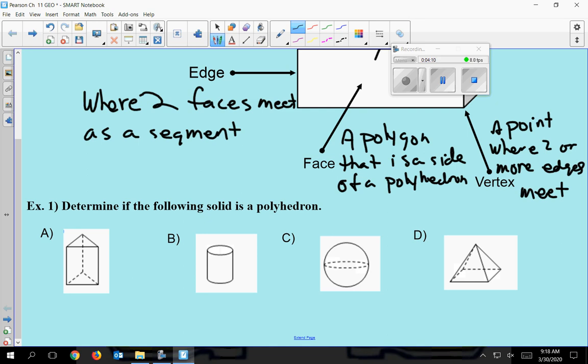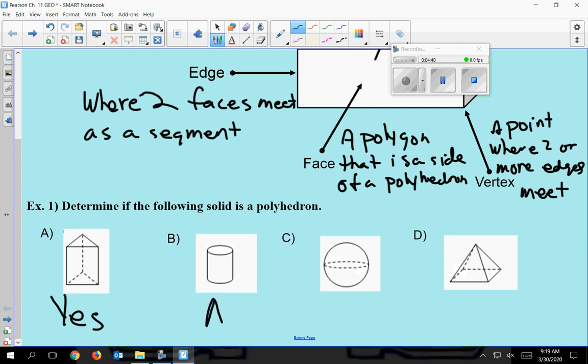So this is a triangular prism, and it's made up of a couple of triangles and then a couple of rectangles making up its faces. So yes, this is a polyhedron. In B, a circle is not a polygon. It's a figure, but it's not a polygon. It doesn't have many sides. So this would be a no.